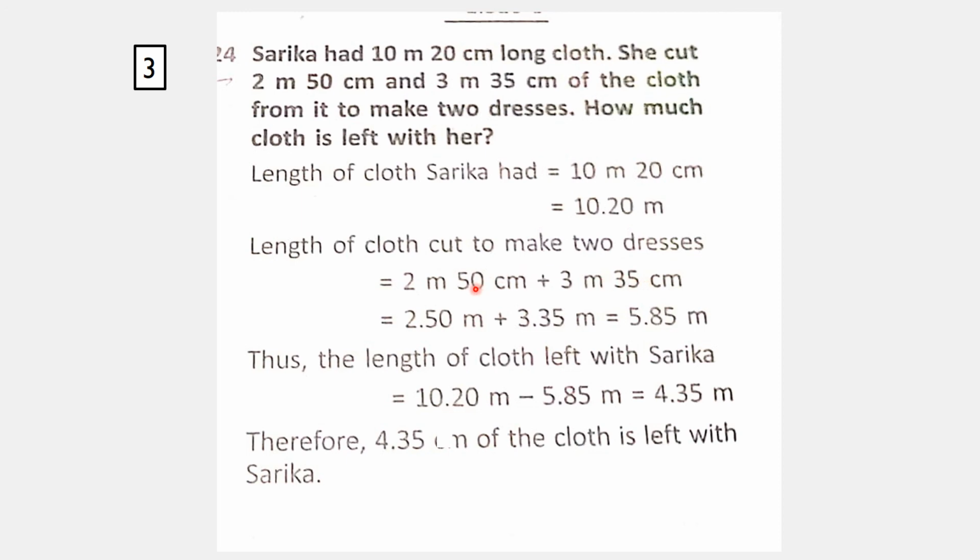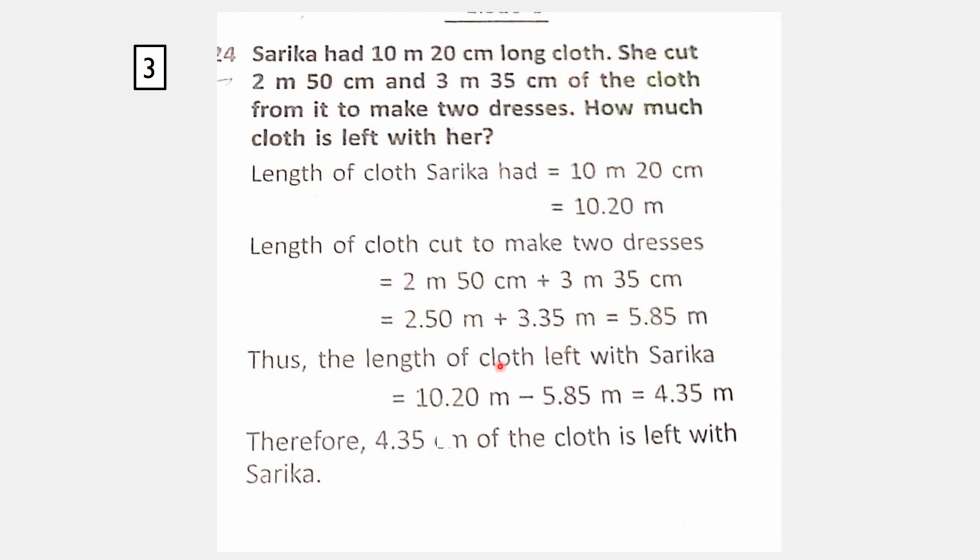So on again changing this to meter, 50 by 100, so 0.50, 2 plus 0.50 will be 2.50 meters, and 3 plus 0.35 will be 3.35 meters. So on adding 2.50 and 3.35 meters, you get 5.85 meters.